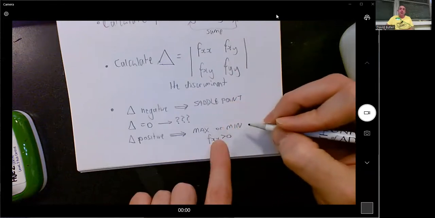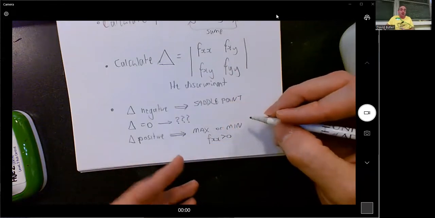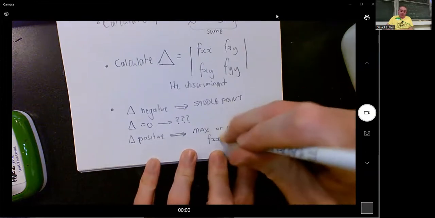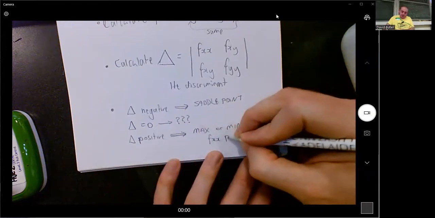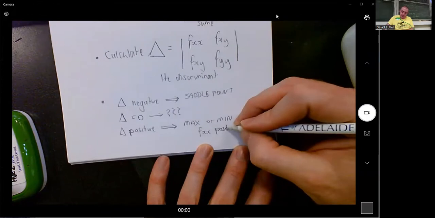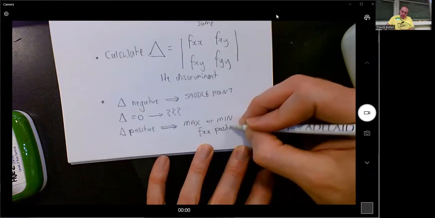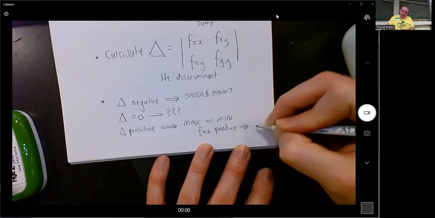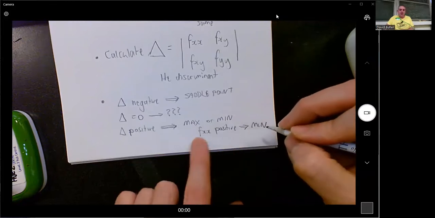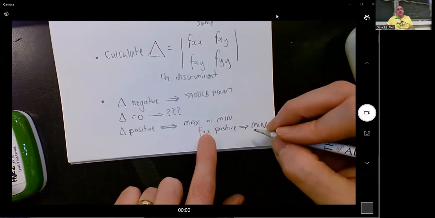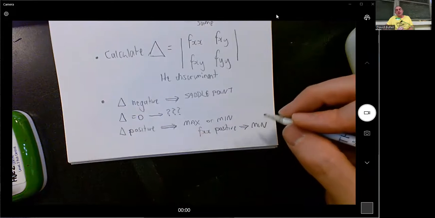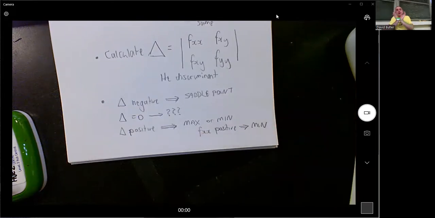If fxx or fyy, it doesn't matter which one, if this is positive, then what that means is it's a minimum. Because fxx is the second derivative in the x direction, and when second derivatives are positive, it's concave up, and therefore it's a minimum.